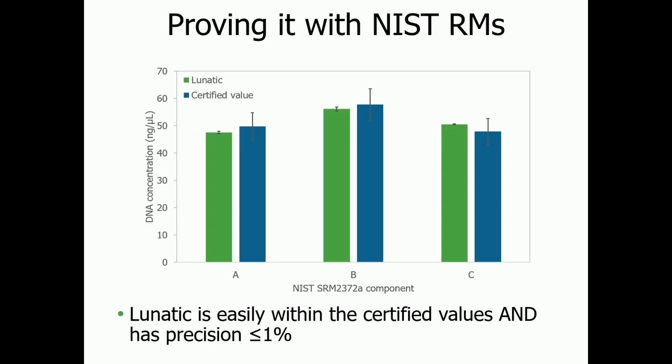It consists of 3 components, each of which has a certified mass concentration and a manufacturer's 95% confidence interval. As you can see, Lunatic's measured concentrations were well within this confidence interval, and it also had CVs of 1% or less.